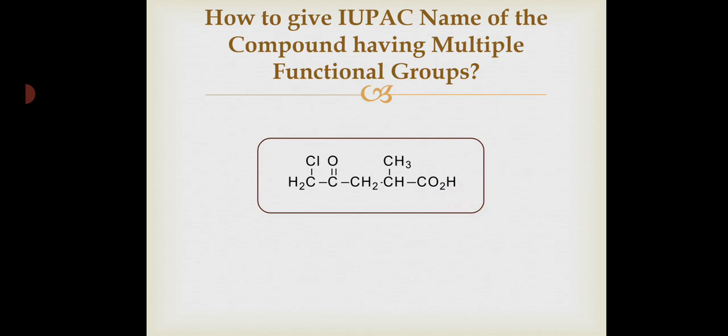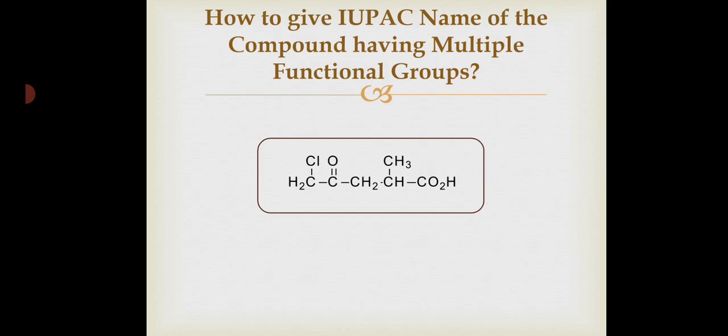So who will get preference? Remember, come, sit, eat, apple, almond, naka, tea, and announce, all applaud. The C of "come" stands for carboxylic acid. So the carboxylic acid is first in the priority table, and it will get the preference among all functional groups.